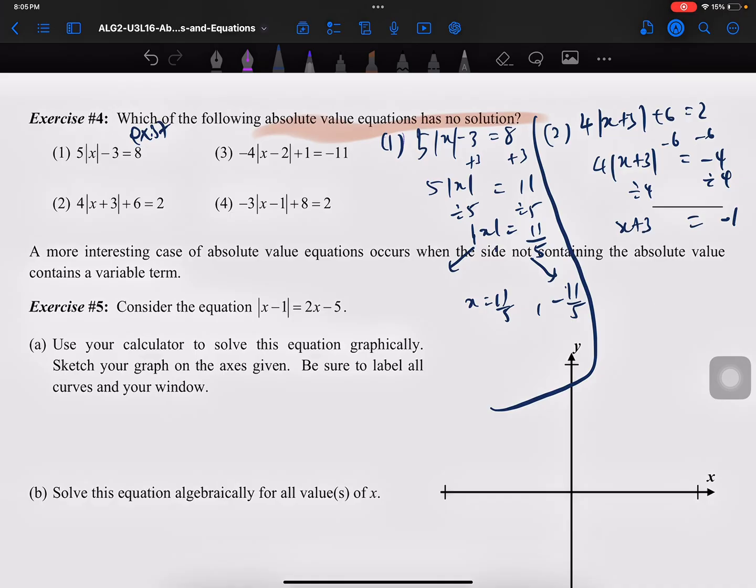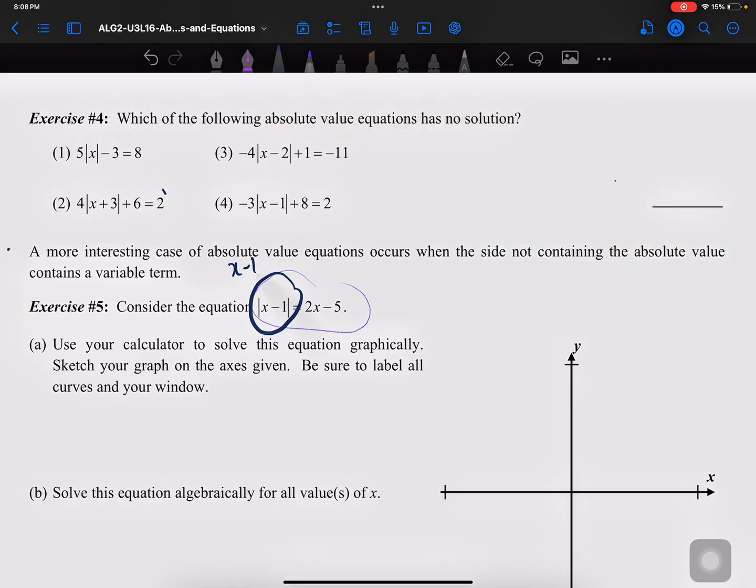Okay, so now I need to split. Okay, from here, you can see that you have absolute x plus 3 equal minus 1. It is a negative, so no solution. Minus 1 is a negative, so no solution. You can say that an absolute value cannot be negative, thus this equation cannot have a solution.